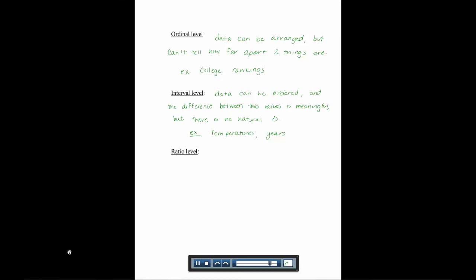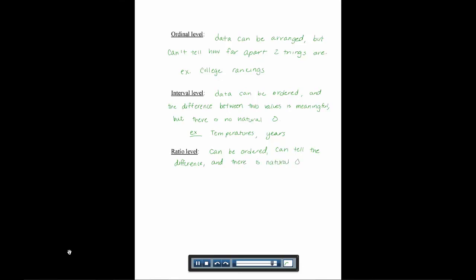Now the ratio level is things that have everything. So they can be ordered. We can tell how far apart things are, so we can tell the difference. And there's a natural 0. So this is going to be a lot of things that you come in contact with.